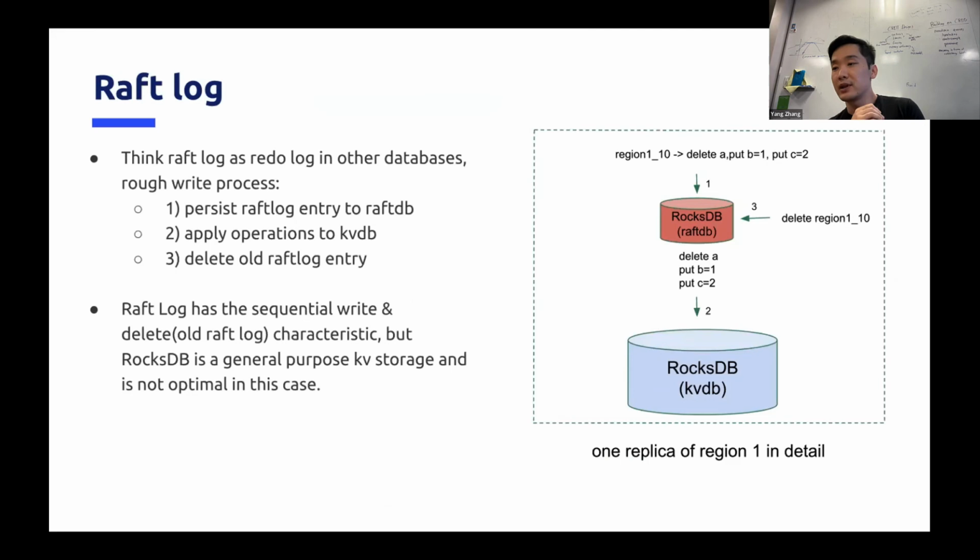One way we save resources is by introducing a new storage engine called Raft Engine. In the past we used RocksDB to store the Raft log, and as you may know, RocksDB is an LSM tree structure, and it has a very big problem called write amplification.